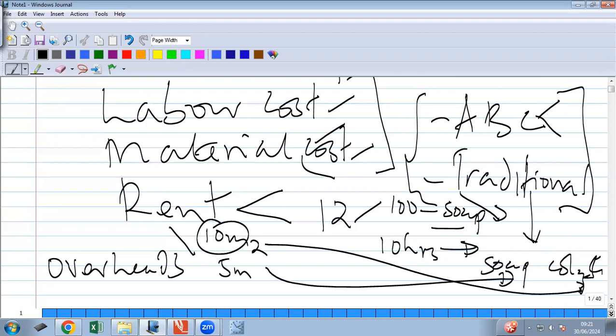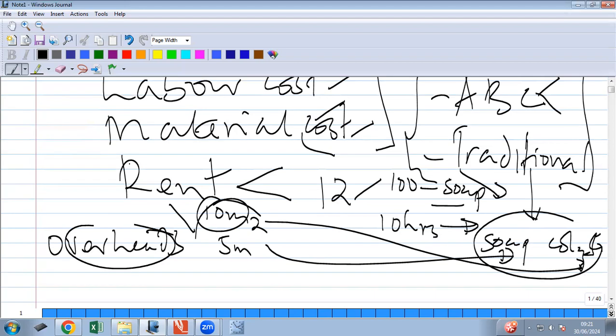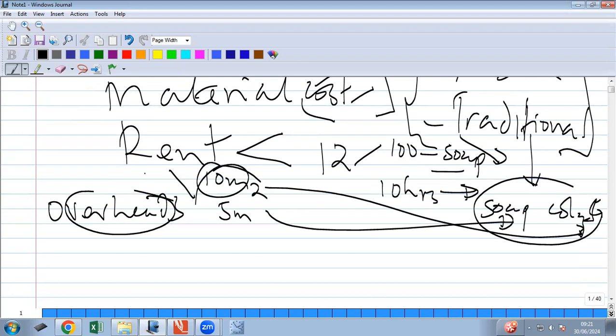So our problem is the allocation of this rent, these overheads. But these direct costs are always straightforward. So our focus is going to be mainly on overheads. Though in all our estimation of cost setting, we can factor in all in case the examiner wants us to go that way.